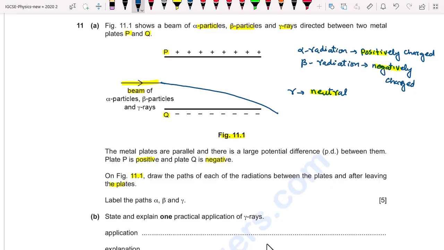While the deflection in the case of beta radiation is more as compared to alpha, because the beta particles have different energy and they will show different deflection. So the beta radiation will be just like this, or it may be this. The deflection is more as compared to alpha rays, and the gamma rays will go straight forward, they don't deflect.